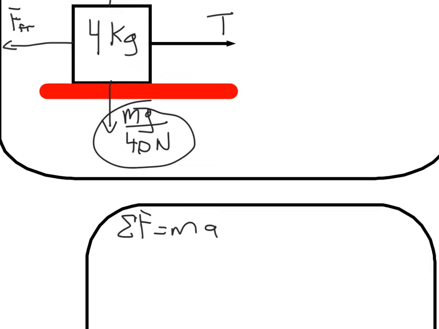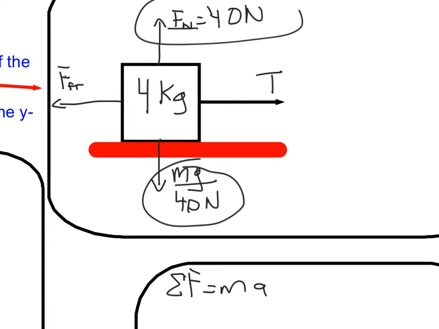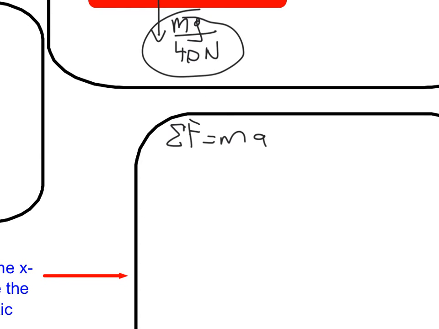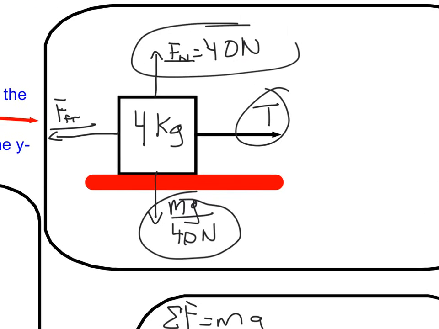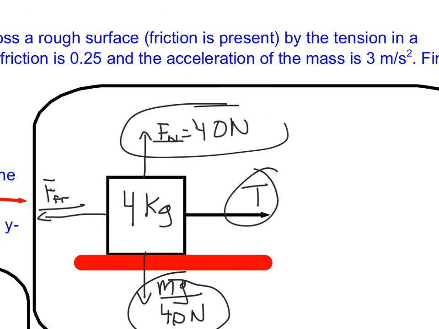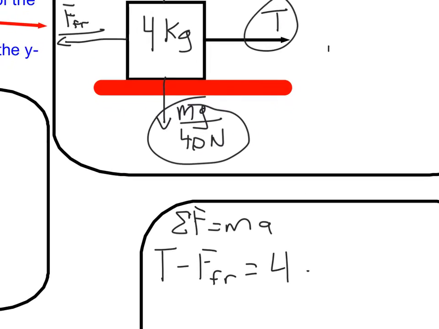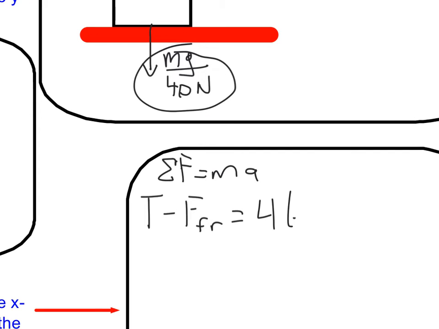And my net force this time is going to be my tension minus my force of friction. So that's the sum of my forces. Tension minus the force of friction, because I made right positive. My mass is still 4, and my acceleration up above, it told me, was 3 meters per second squared. Drop that in there as well.